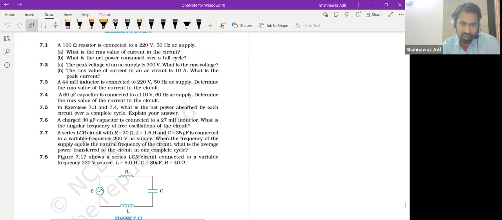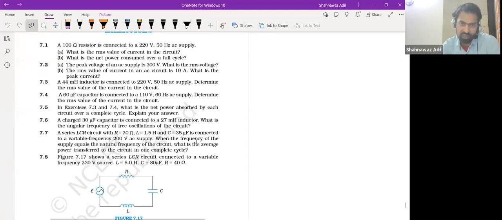And 7.7 is connected to a variable frequency 200 volt AC supply. When the frequency of the supply equals the natural frequency, what is the average power transfer to the circuit in one complete cycle? So we have to calculate the average power at the natural frequency, right?